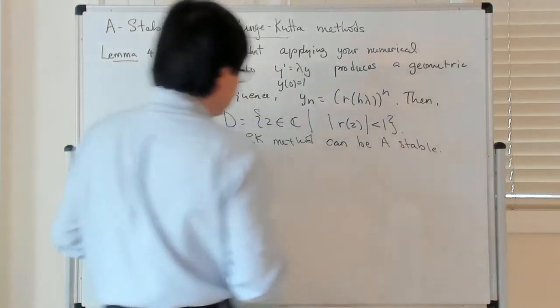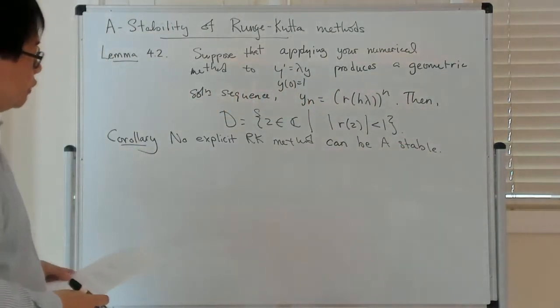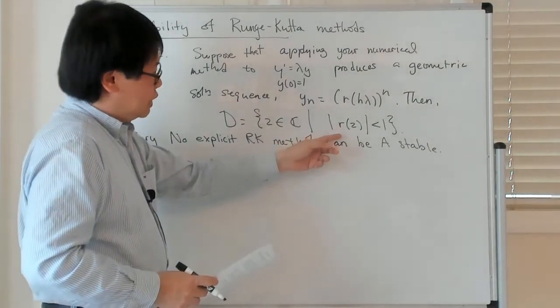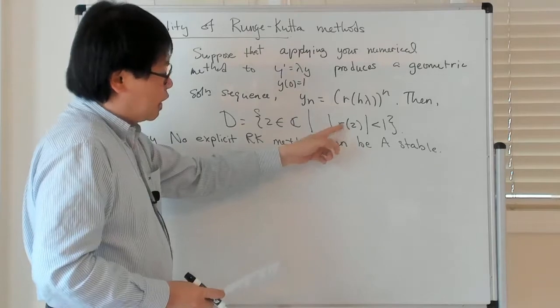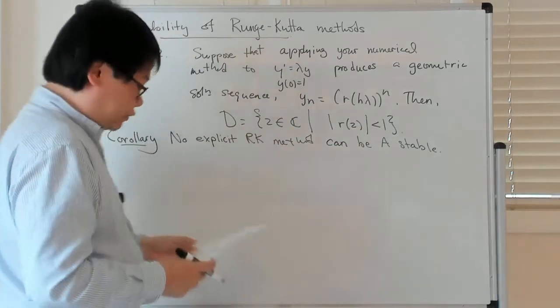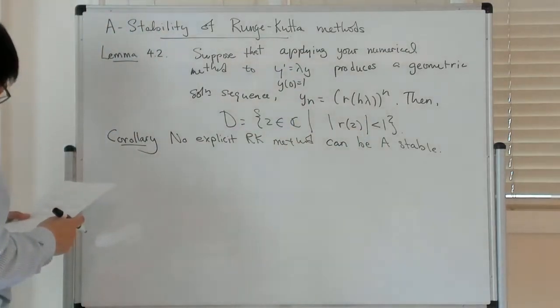Why is that? That really comes from the observation that the stability polynomial R for an explicit Runge-Kutta method is a polynomial of degree s.